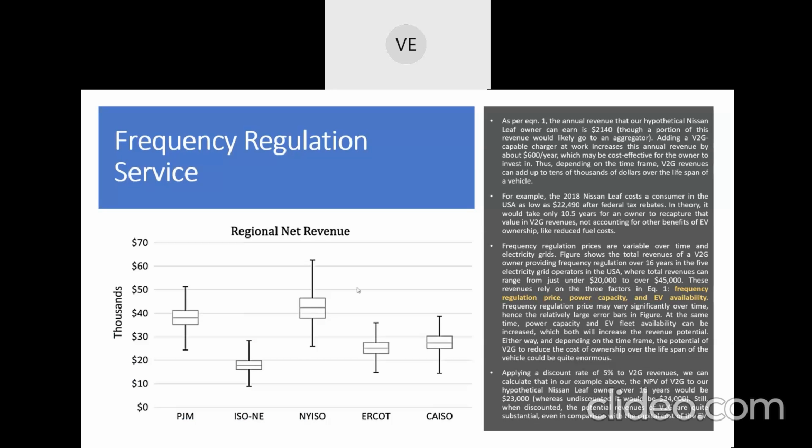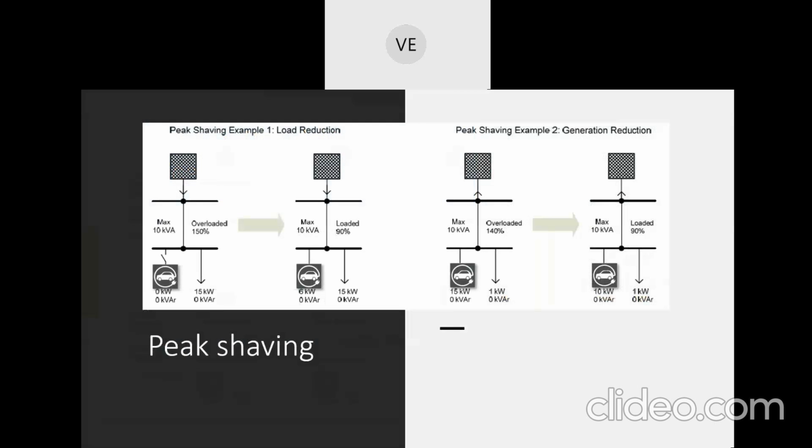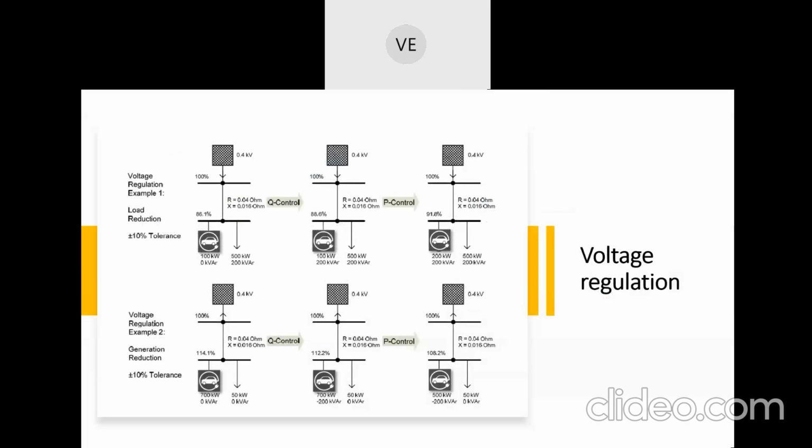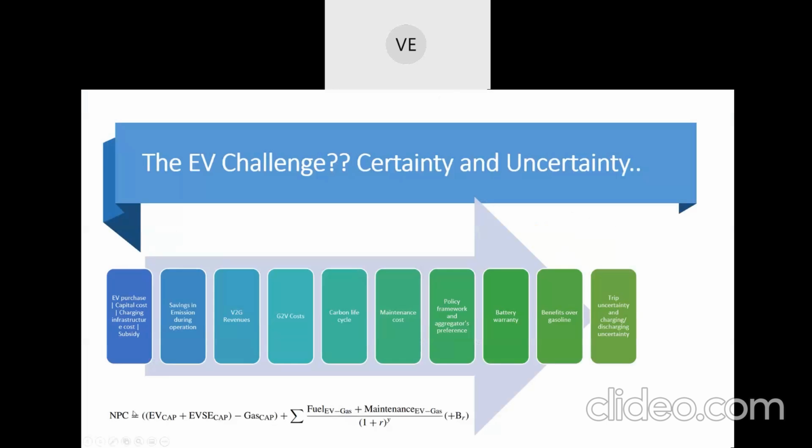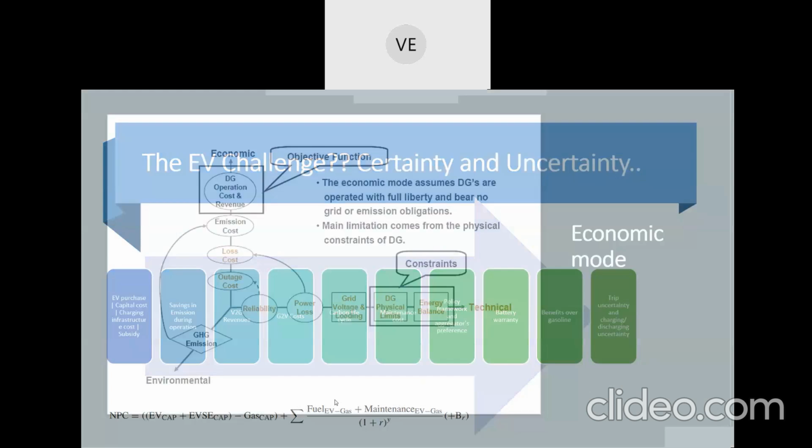Then what are the possible uncertainties in revenue based on price variations or power capacity of electric vehicles or EV availability in the parking lot? How to incorporate that? Then the basics of peak shaving, voltage regulation, reliability improvement, and the evaluation of net present cost of EV, considering the V2G activities and comparison with the gasoline-based vehicle, whether we should purchase it or not, arriving at a decision on that.